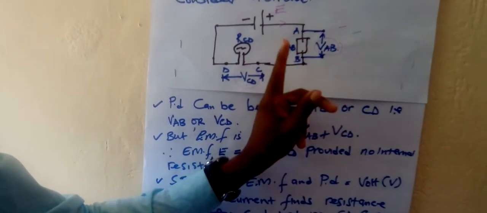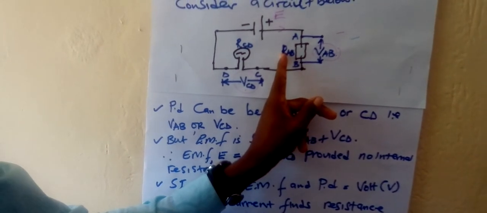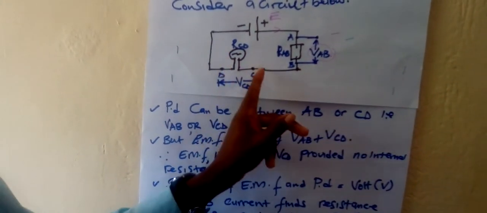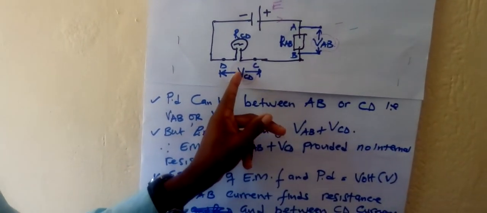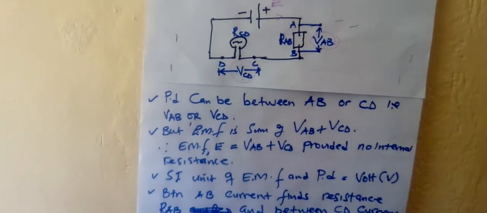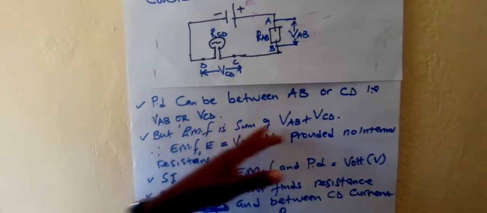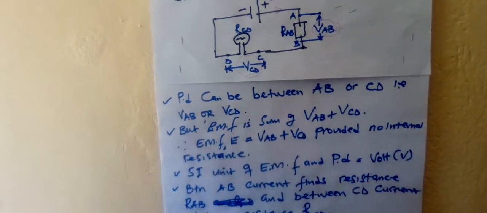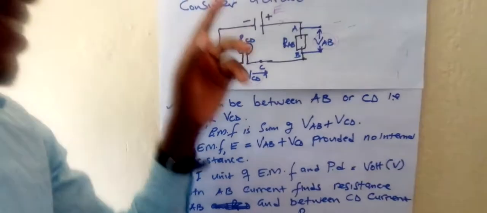That is the PD across resistor RAB. PD between CD, we call it VCD. That is the PD across resistor RCD. Now, when we sum it up, we get what we call the EMF of the cell.